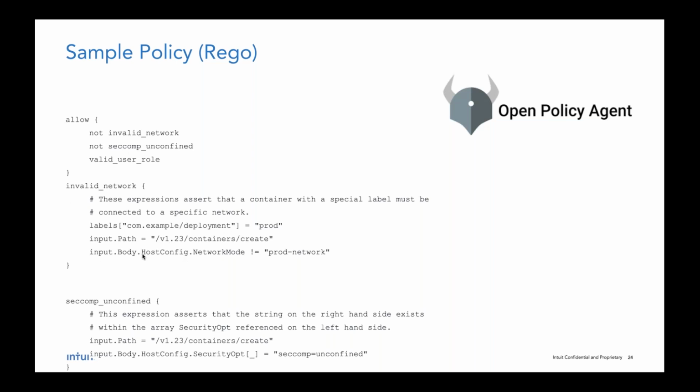You can write many rules, and you can write predicates inside them which test different attributes and make a decision. This particular policy is written in a language called Rego, and it's used by Open Policy Agent, which is one of the open source and very popular policy based engines that a lot of products use for ABAC.